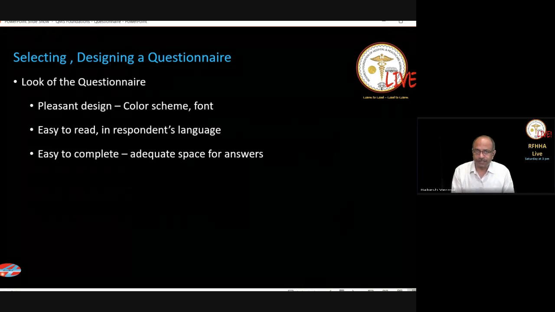So when you are giving a questionnaire which has to be filled by hand, that is handwritten, then it should have adequate space for answers. Similarly, if you are circulating it online, then please ensure how easy it is to complete on the laptop or computer screen or on the mobile screen.